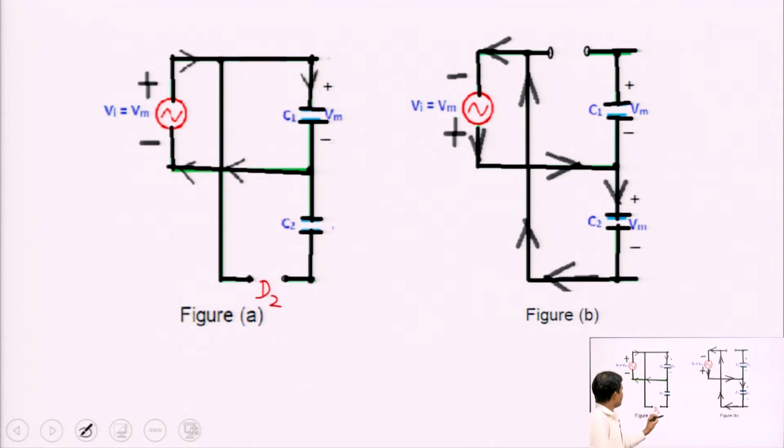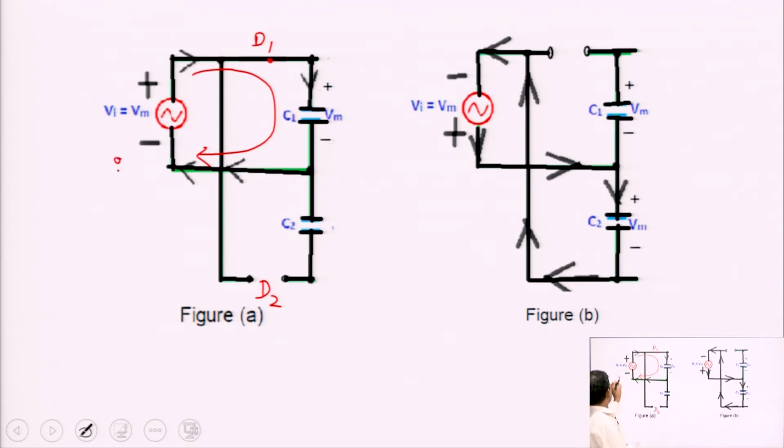This is D2, and this is D1, and D1 is in forward bias, and the capacitor C1 will get charged in this loop. This means the upper plate of C1 is positively charged and the bottom plate is negatively charged, and the voltage across C1 is equal to Vm if we apply the KVL.